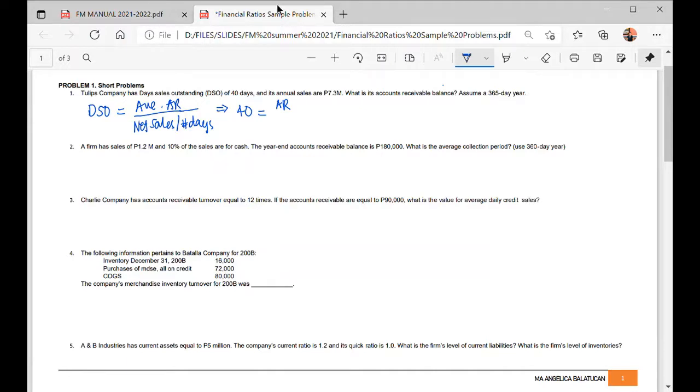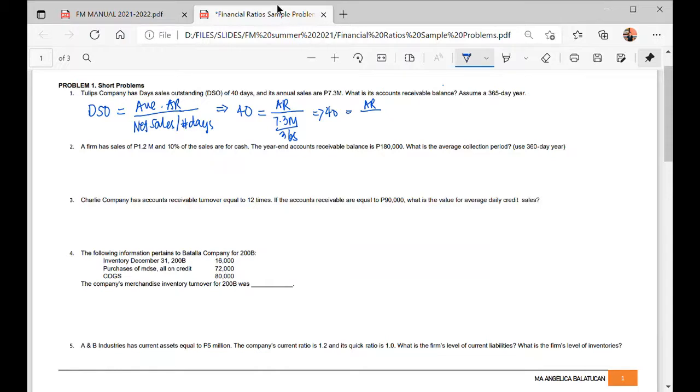And since the sales is given, we can substitute that 7.3 million and then divide by the number of days in a year, which is 365. So 40 equals AR over 7,300,000 divided by 365 days.